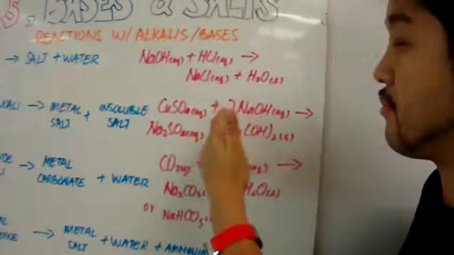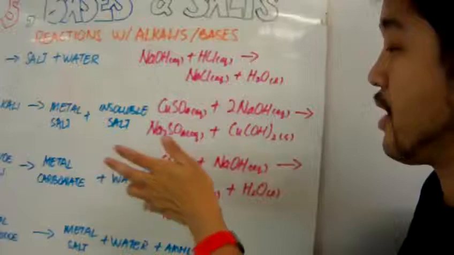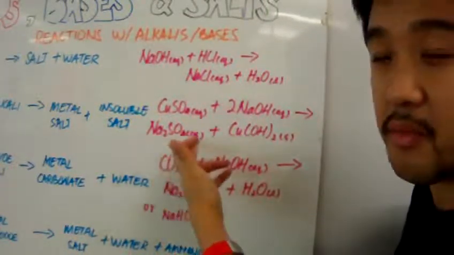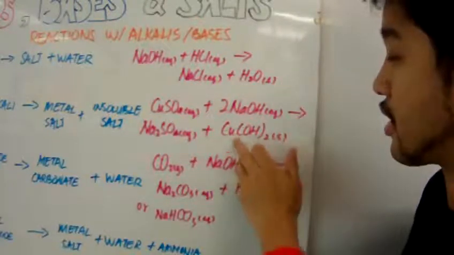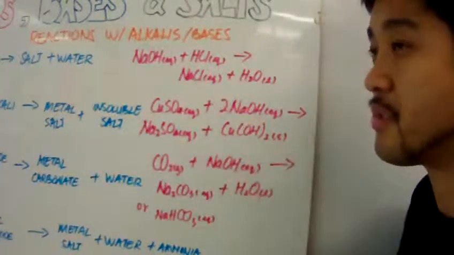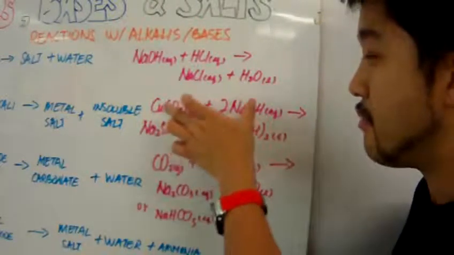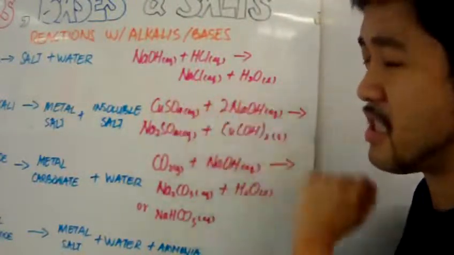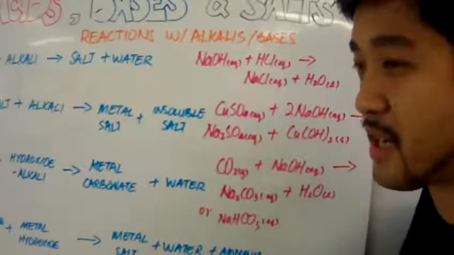Now, that's soluble in water, and sodium hydroxide is also soluble. And then what you get is sodium sulfate and copper hydroxide. All right. So the copper hydroxide is insoluble and will precipitate out in that reaction when you mix the two substances together.